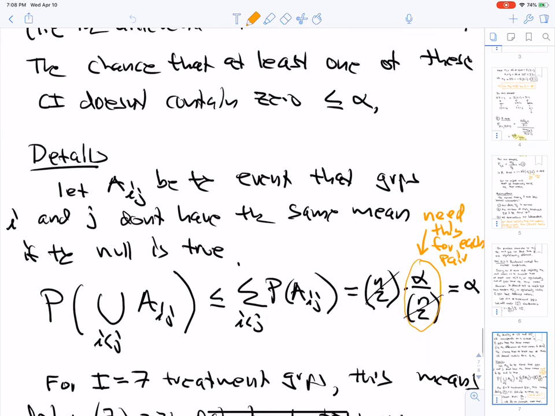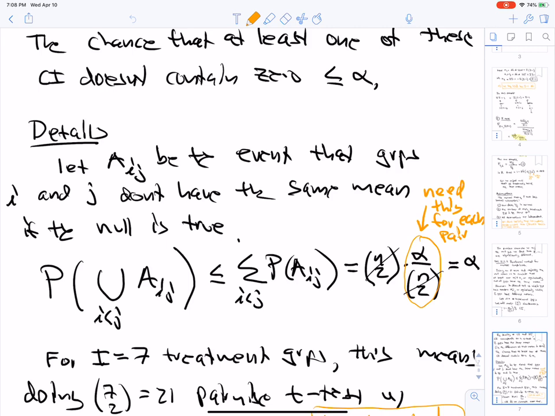So here are some details for you. Let Aij be the event that groups i and j don't have the same mean if the null is true. So the union of these Aij's is the event that at least one of the pairs of groups have different means.